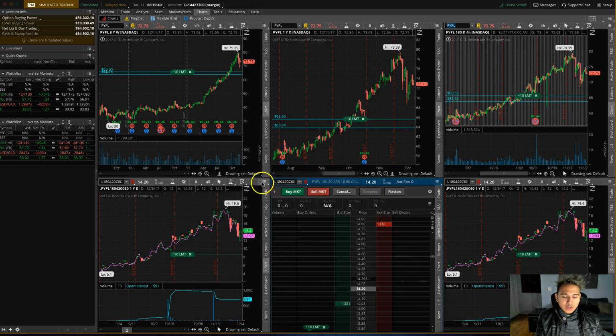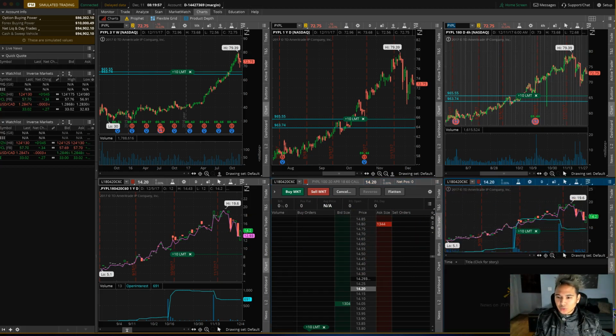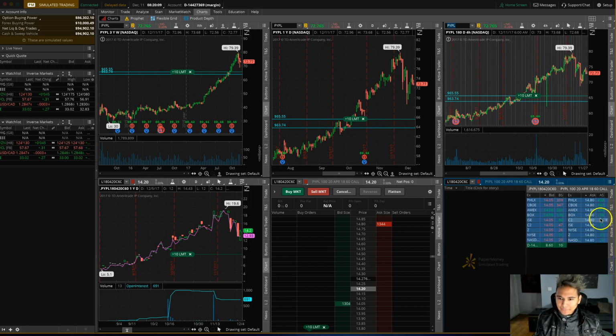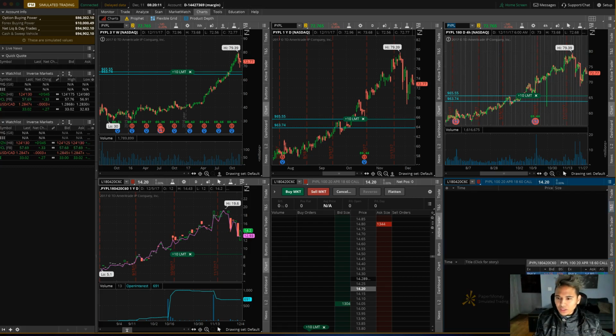So that's the cool thing about this, and Ladder Trader or whatever, or Active Trader being able to have it right there. And let's say that you want to look at news or whatever here, it's still all tied to the same underlying. Now, you probably wouldn't want to look at news for the option because that'd be kind of silly, but let's say you want to look at level 2, and then you want to close out the chart. So it's pretty cool.